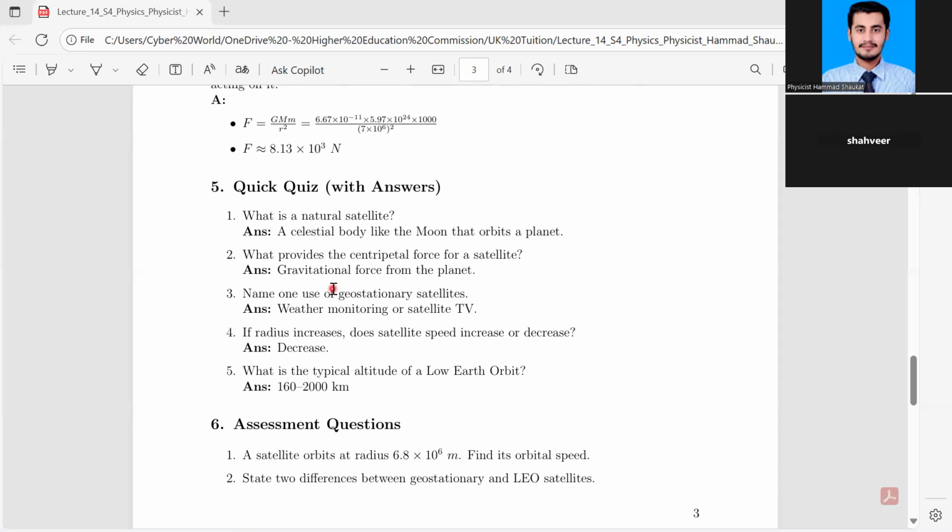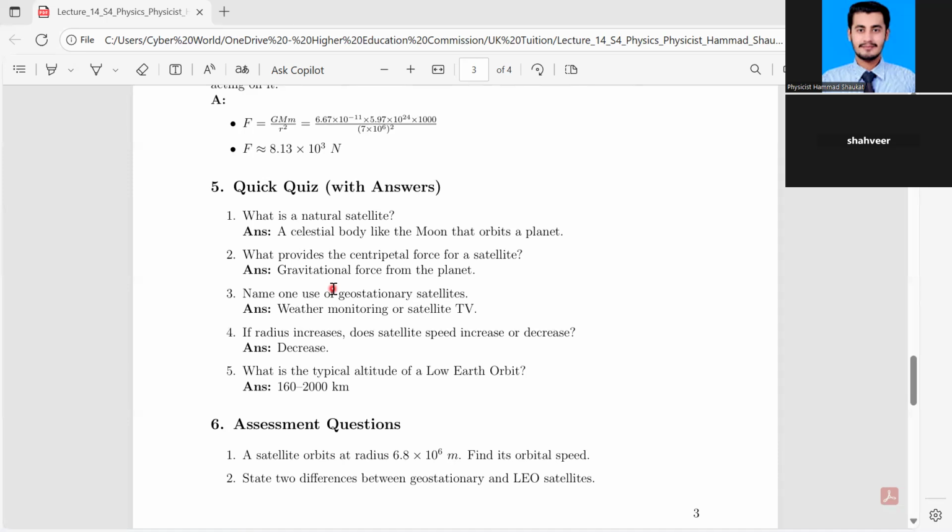Can you tell me one of the applications of a geostationary satellite? Like a TV satellite. Yes, TV and weather forecasting, etc.